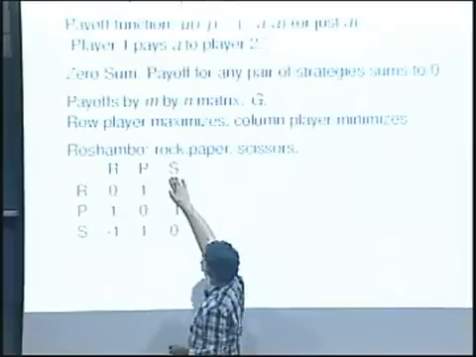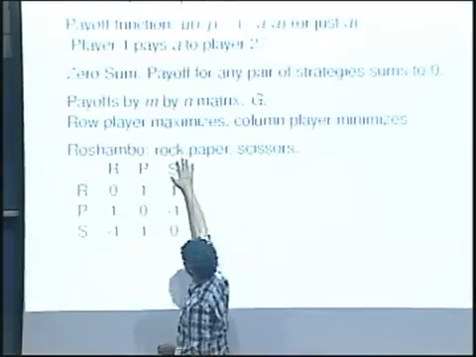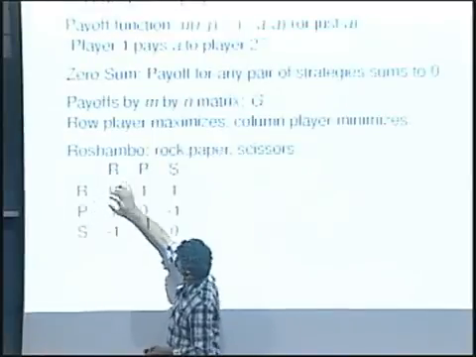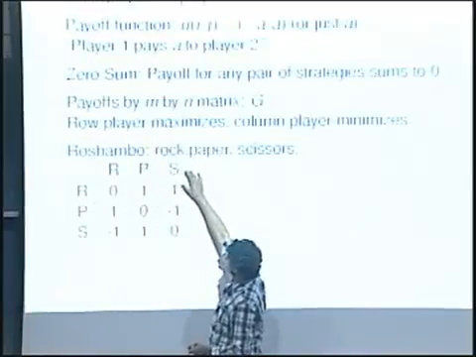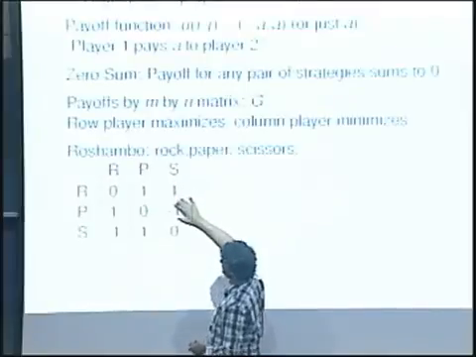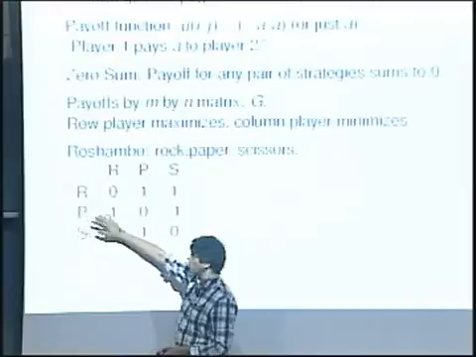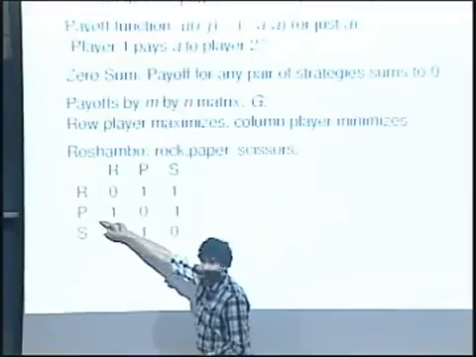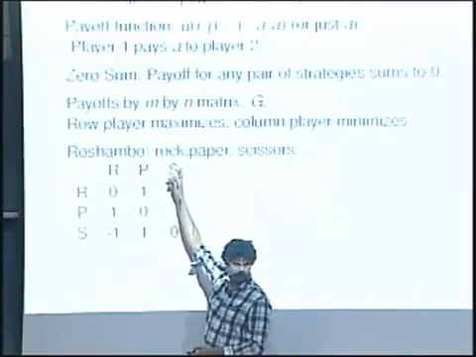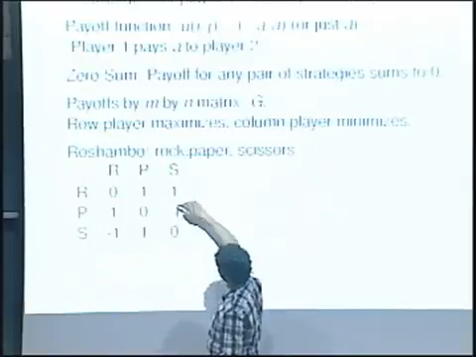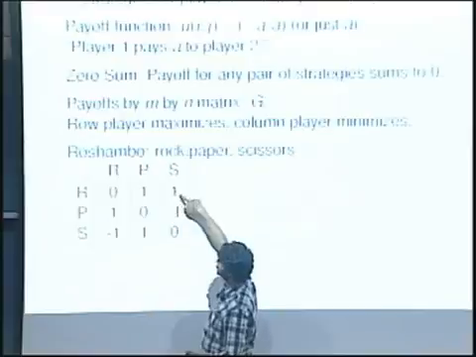On the other hand, if the column player plays S and the row player plays P, then the column player pays -1 to the row player, or another way of saying it, the row player pays 1 to the column player. So these are losses and wins. Where should this matrix have a -1?